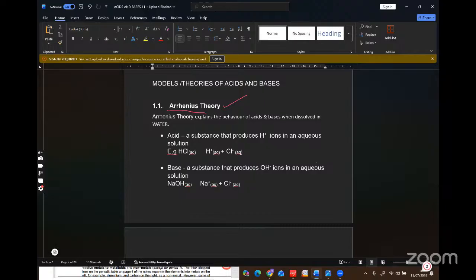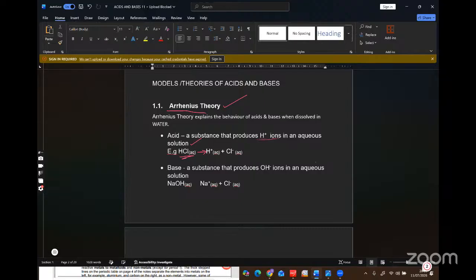So he says an acid is a substance that produces H+ ions, or protons, but let's just make it H+ ions so that you don't get confused, in aqueous solution.